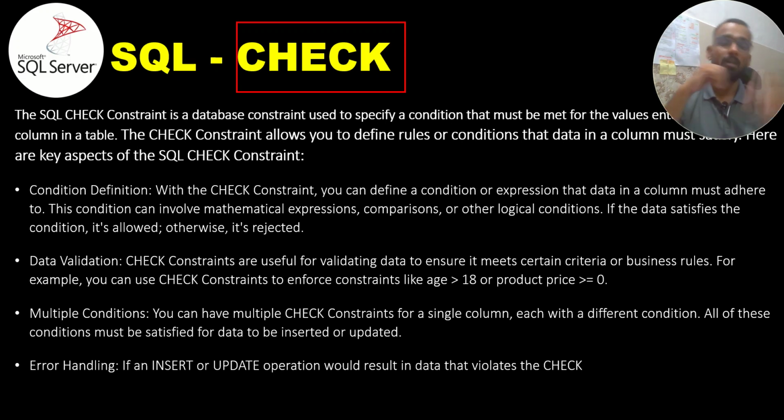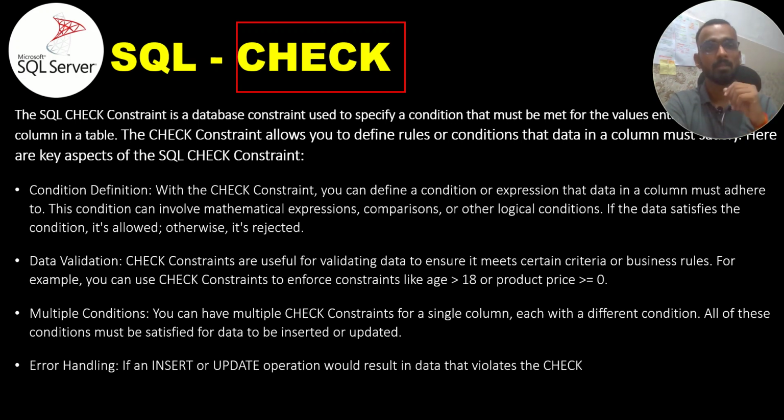So basically what check is doing: whenever we provide any kind of condition to a particular column with the help of check constraint, it checks while inserting that particular data. Let's say in a salary table I have provided a check that if the salary is less than 10,000, it won't insert.